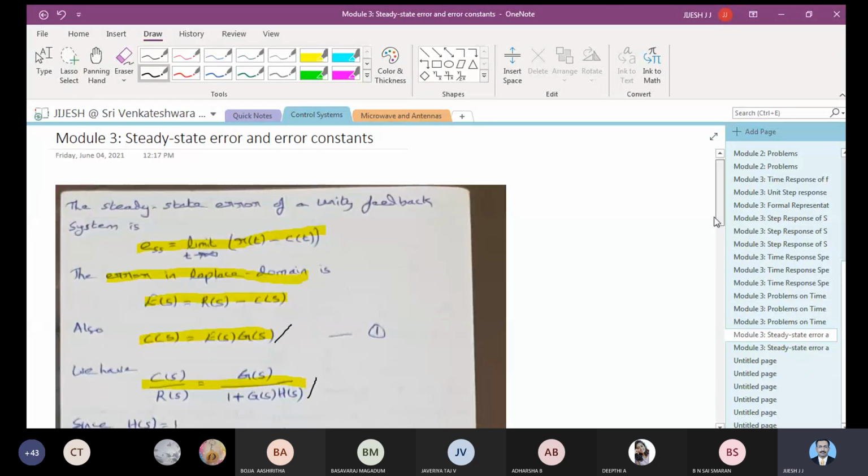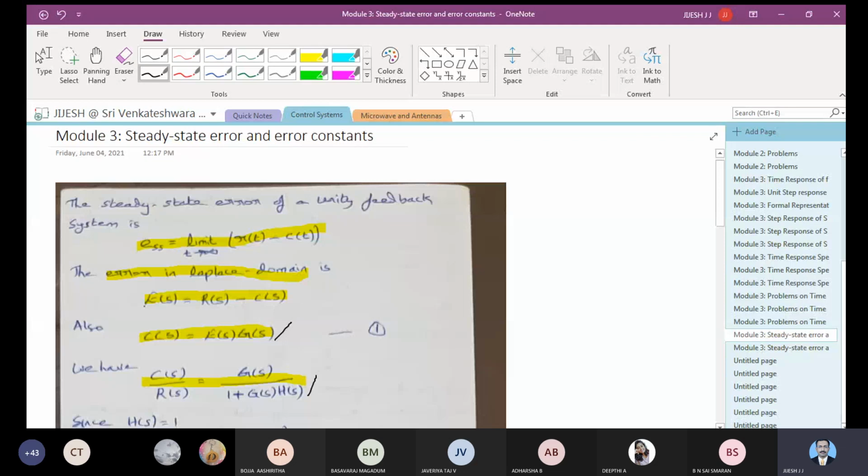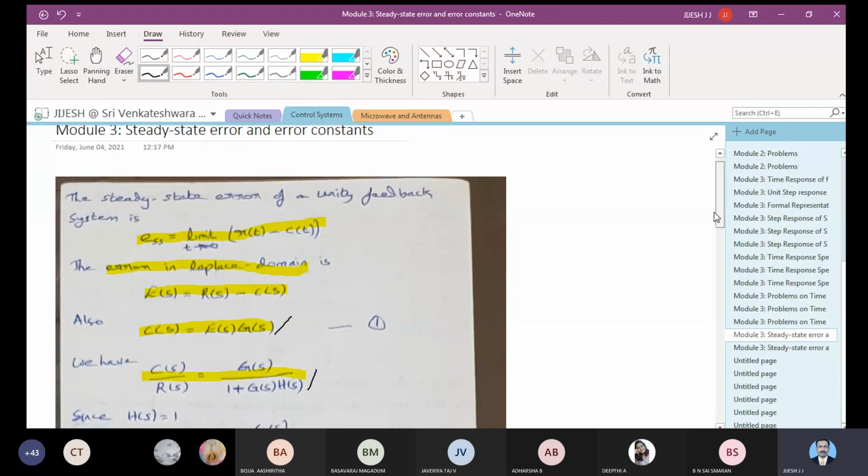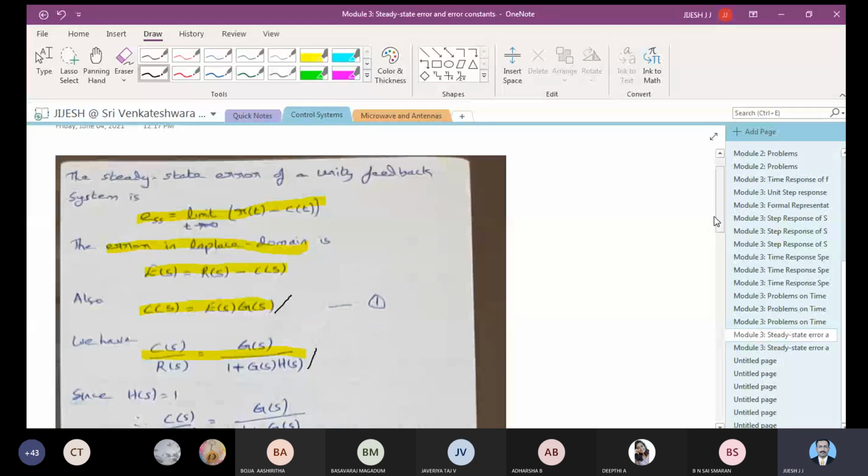So here you got a few equations: E of s is equal to R of s minus C of s, C of s is equal to G of s into E of s, and C of s by R of s for a negative feedback system is G of s divided by 1 plus G of s H of s.